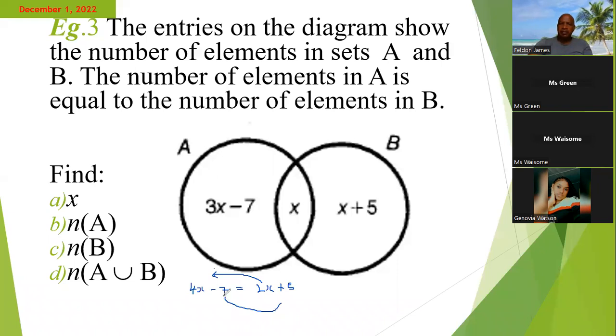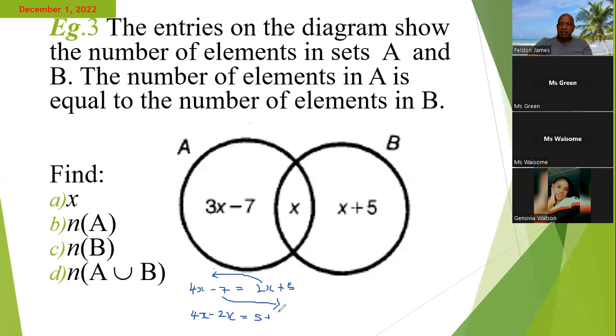When we do that, what would we end up with? 4x minus 2x is equal to 5 plus 7.